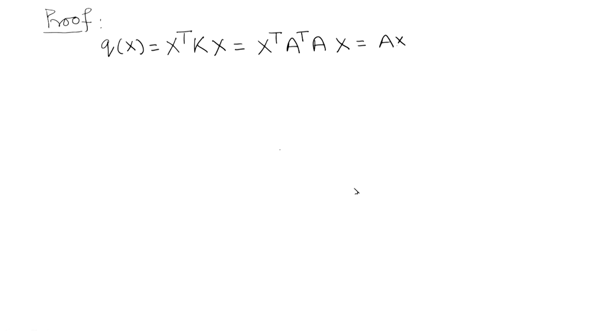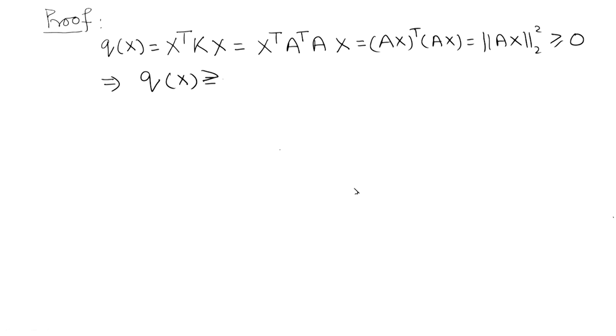This can be written as (Ax) transpose (Ax), which is the norm of Ax squared, which will always be greater than or equal to 0. Since the quadratic form of a gram matrix is always greater than or equal to 0, hence K is positive semi definite. This is the first part of the theorem.